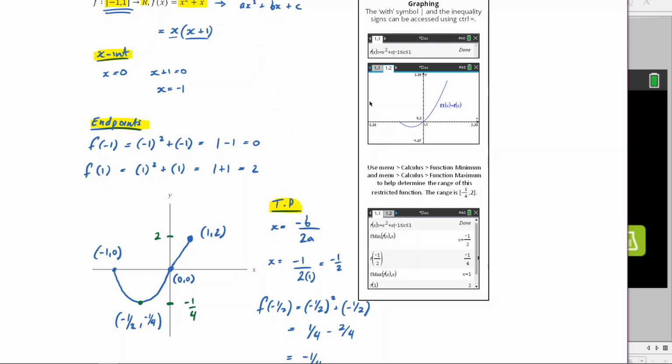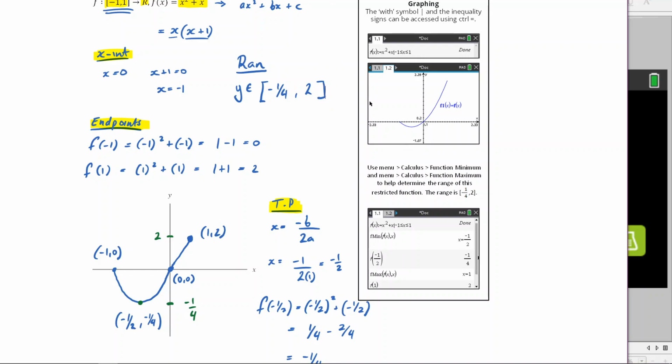And what I need to list as my answer is the range. So the range is y is an element of negative 1 on 4 to 2. So negative 1 on 4 to 2 are all the possible y values for this function.